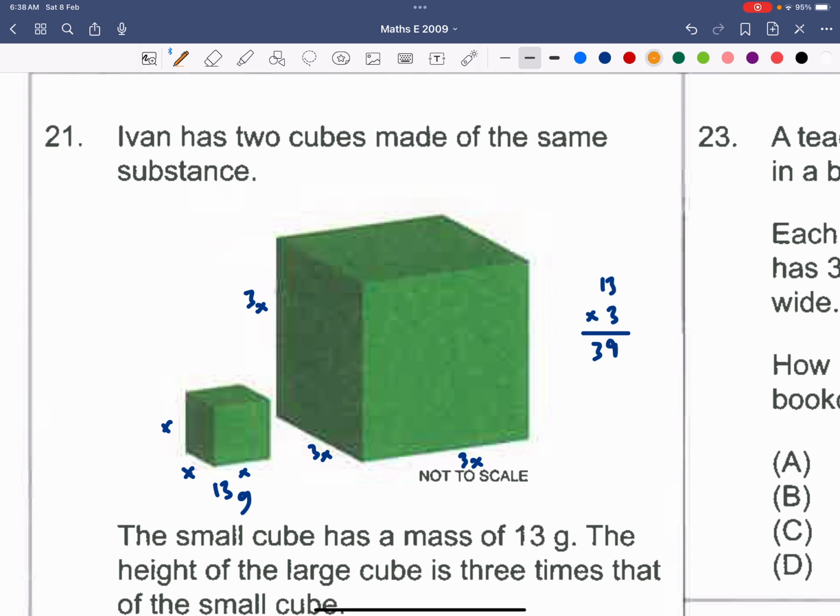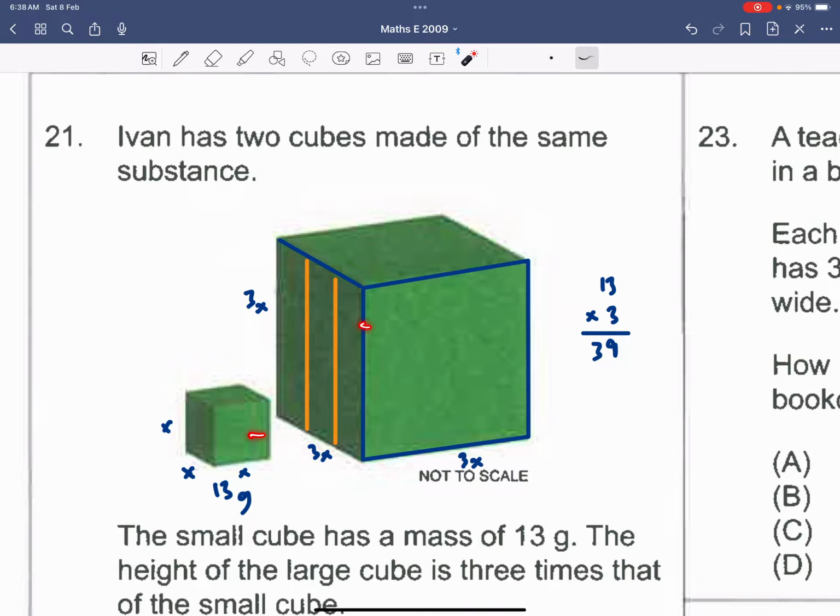So actually, first let me just label these sides. It just makes it a bit easier to see what I'm trying to show. Alright, so if you think about it, that's what we have. I'm just trying to make it easy to see. So you'll have this, and remember, it's not to scale, okay? It's not to scale, but they did say that this is 3 times bigger than this.